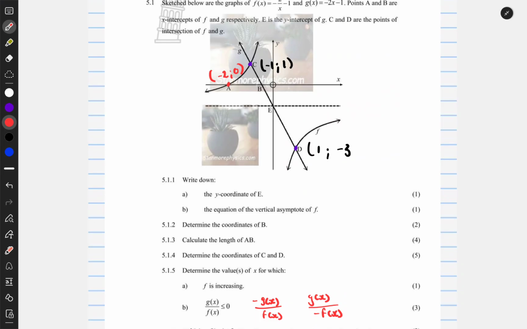And then another outcome, when we get here, the function f now has positive values above the x-axis, while the g function is also above the x-axis. So a positive and a positive will give us a positive.